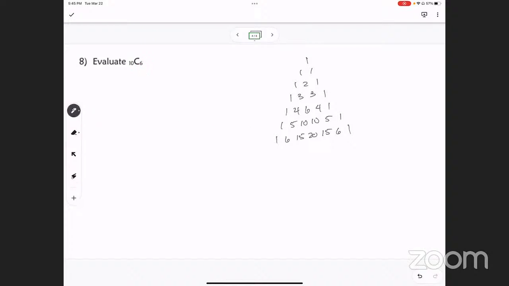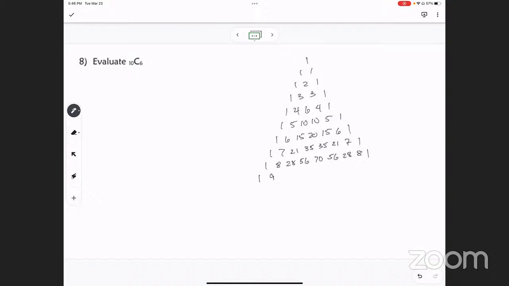I've got to get to 10. My bad. So 1 7 21 35 35 21 7 1, 1 8 28 56 70 56 28 8 1. Do you know what I'm doing?